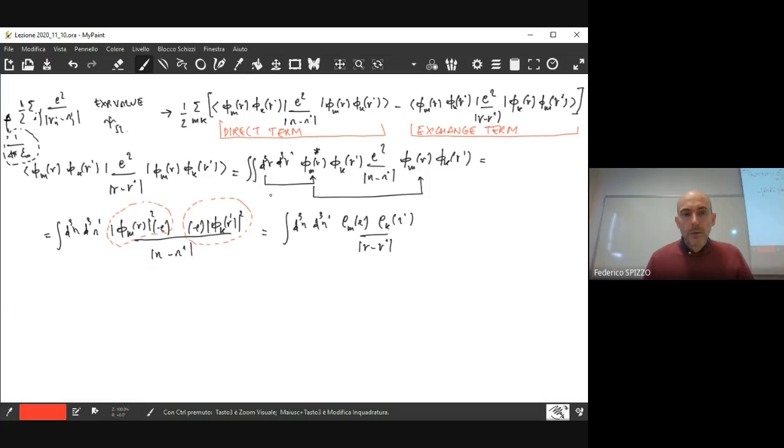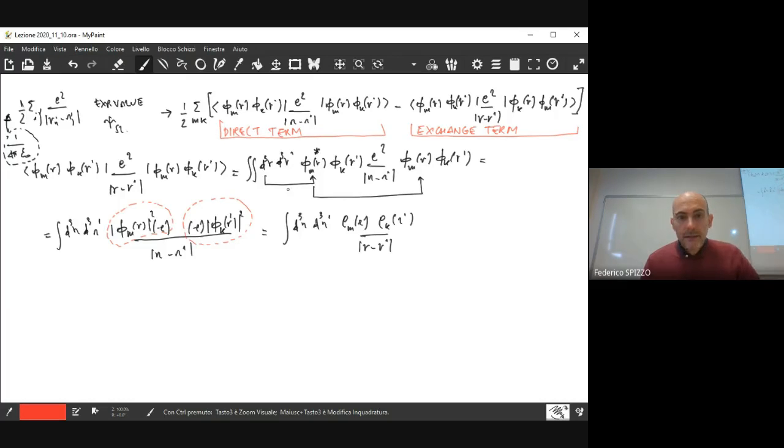So in principle, when I write down in full expression this scalar product, I should also include the spin coordinate. So there should be a spin coordinate corresponding to m and a spin coordinate corresponding to k.